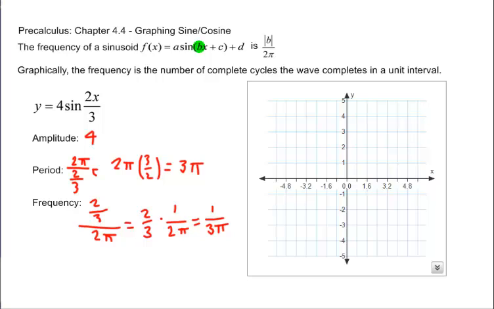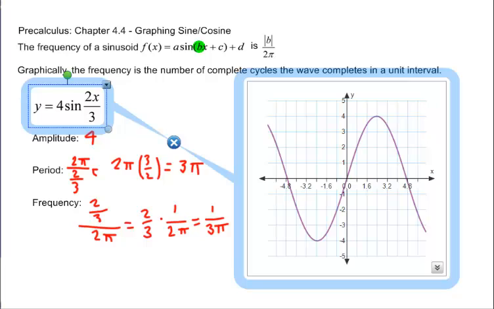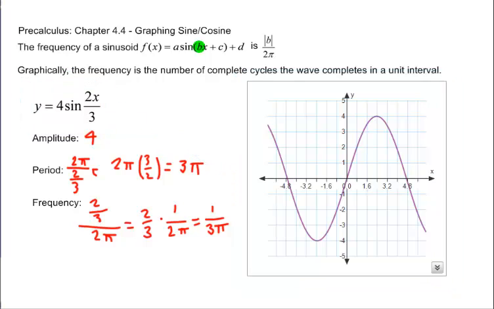Well, what does that mean? Let's look at a graph. If we graph this, it looks like this. What's going on here? It's hard to tell exactly, but we know that we've got a sine curve, and I'm supposed to get through one full period by the time I get to pi, which is 3.14.